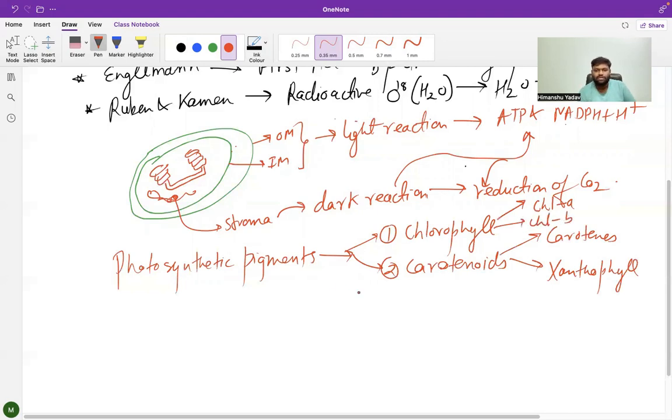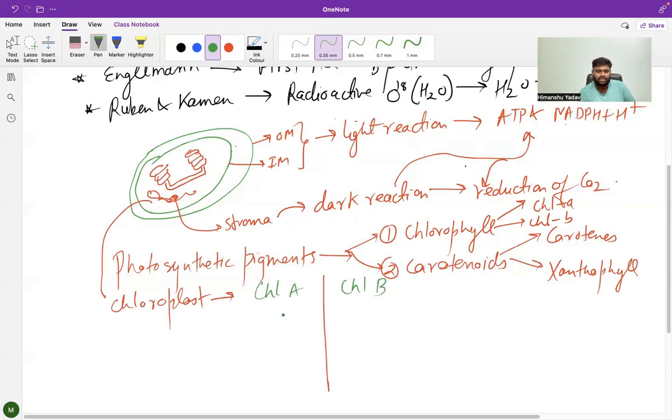The peculiar thing about chlorophyll is that it occurs in the chloroplast, and there is a differentiation between chlorophyll A and chlorophyll B. Chlorophyll A is blue-green, whereas chlorophyll B is yellow-green.